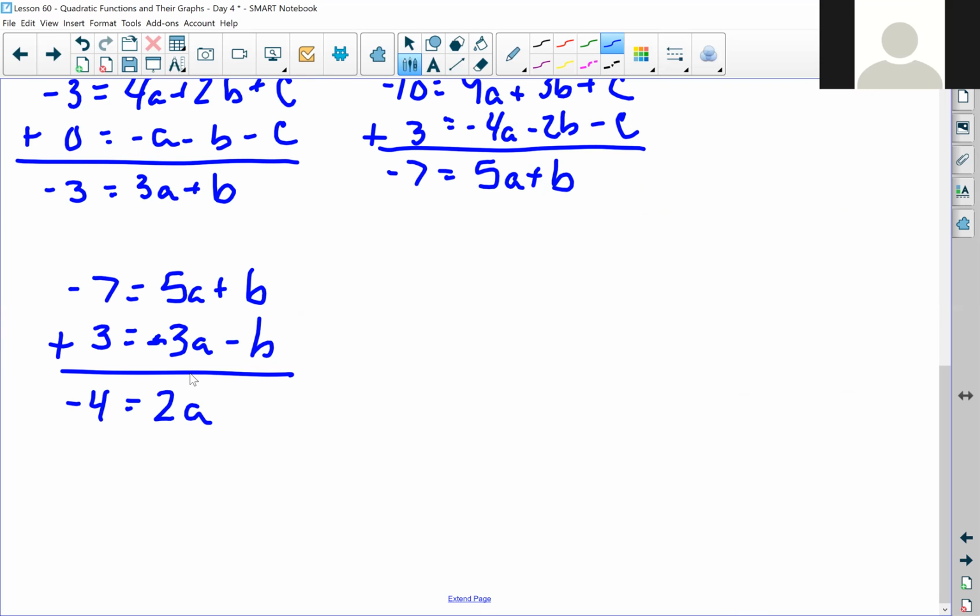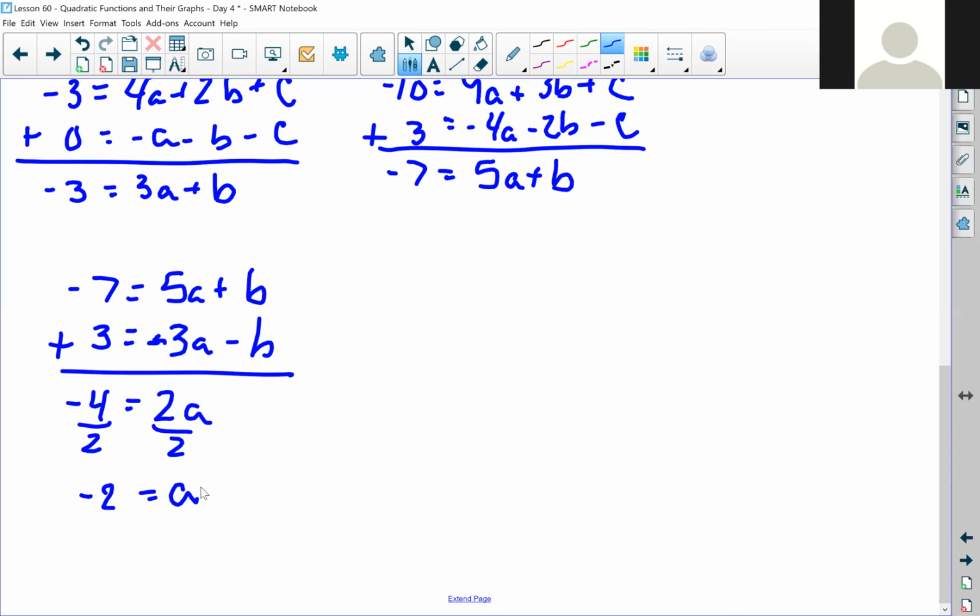I can solve for a by dividing by 2. So I know that a is negative 2.